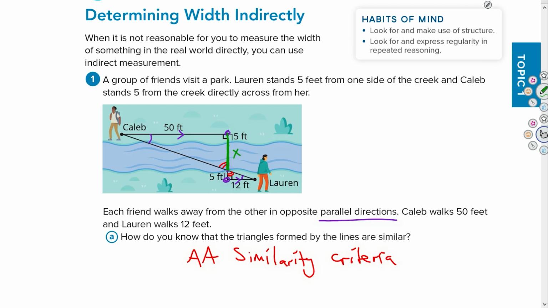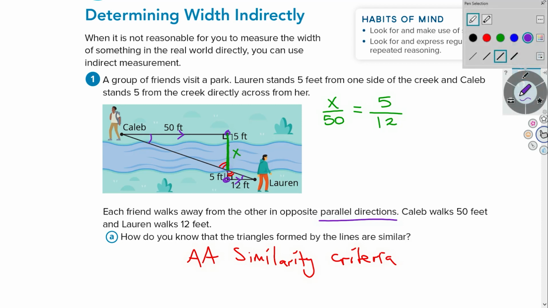I'm going to write a proportion that is x over 50. That's a distance across the creek and then a walking distance, and that's for Caleb. And for Lauren, her distance to the creek is 5 feet, and her walking distance is 12 feet. Get that? That's the right correspondence for these similar triangles.